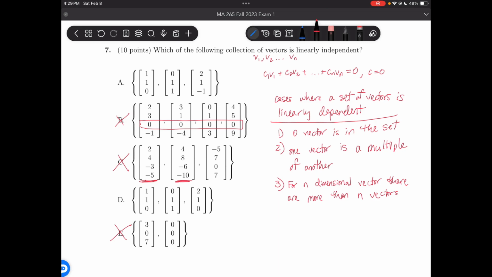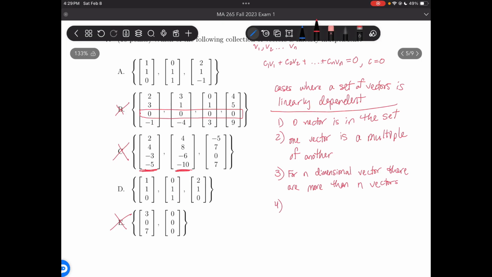Okay, so we have 2 left, and we can check. The last way we can check is more of a method for checking if vectors are linearly independent.